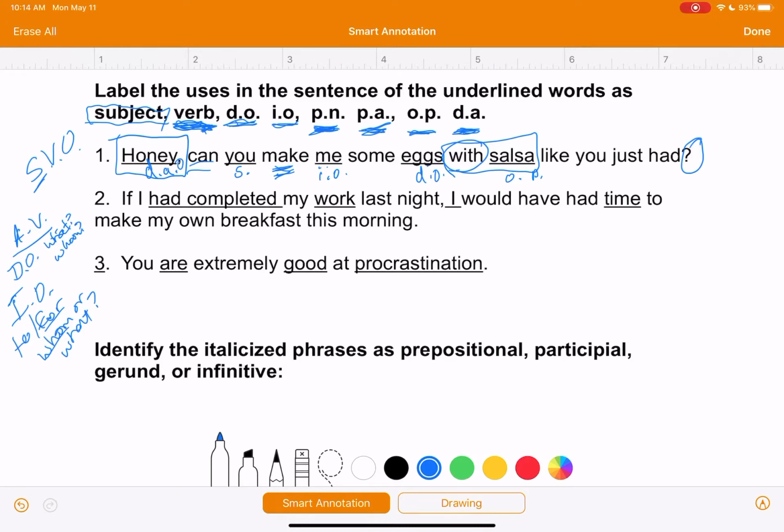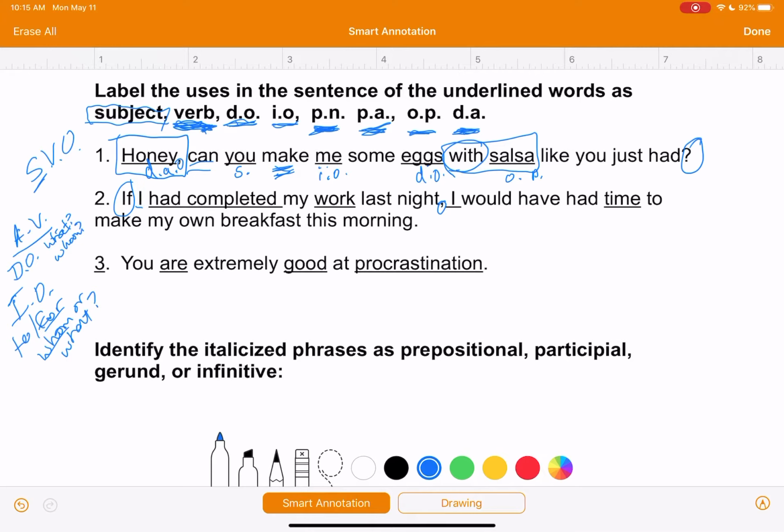Moving to number 2. If I had completed my work last night, I would have had time to make my own breakfast this morning. Okay. Here we have 2 clauses. I hope you recognize if as that subordinating conjunction, and here's a comma. So we take one clause at a time, because every clause, whether it's dependent or independent, has its own subject and verb. I had completed.